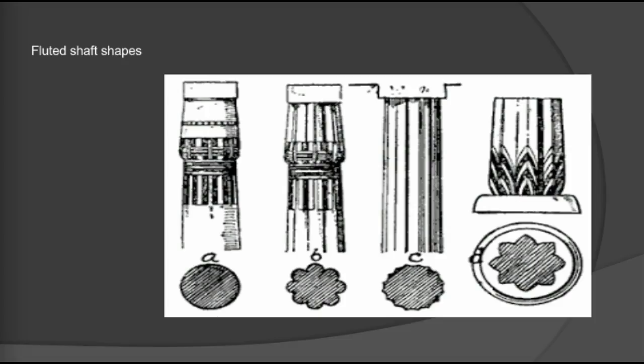So here we're going to look at a couple different kinds of column shafts. So these are fluted shape types. So there's just the straight up round version, also known as cylindrical. There's also the clustered, which has these different rounded intervals. Polygonal, which we don't see quite as much as we will see later in the Greek system.